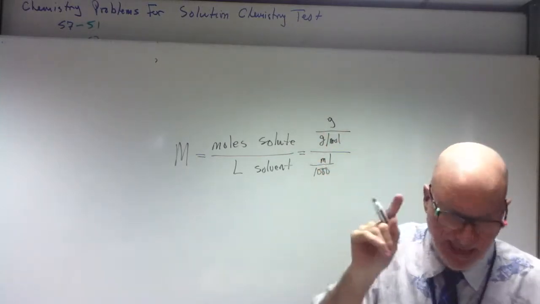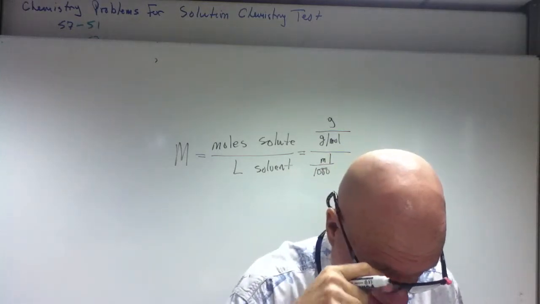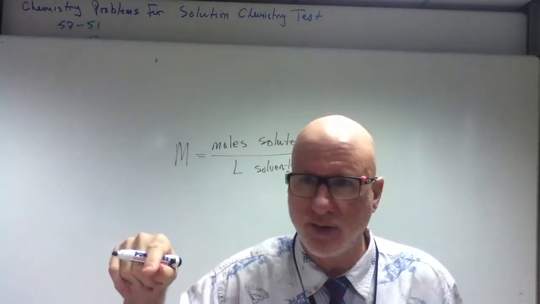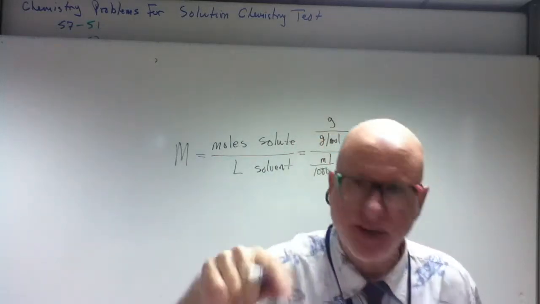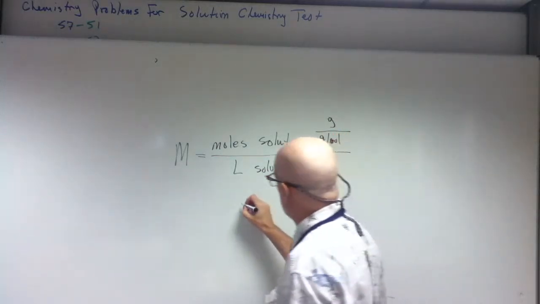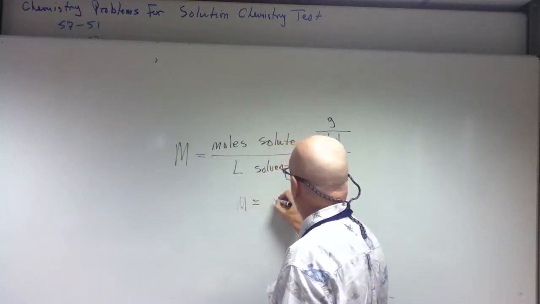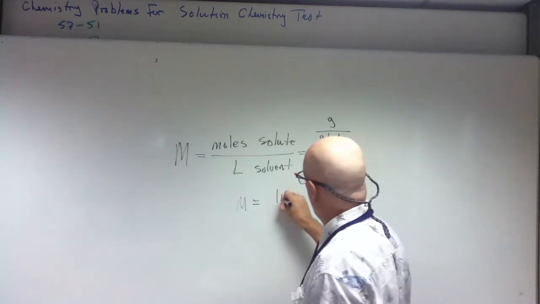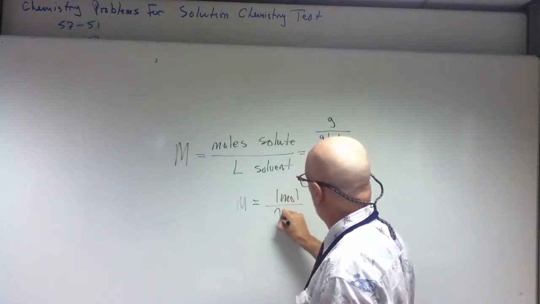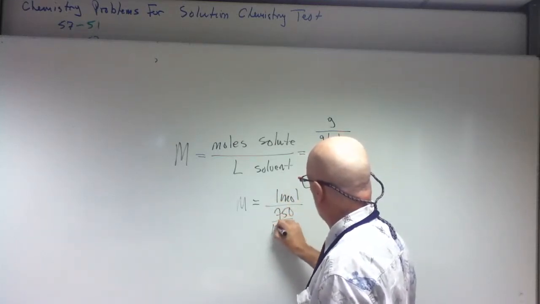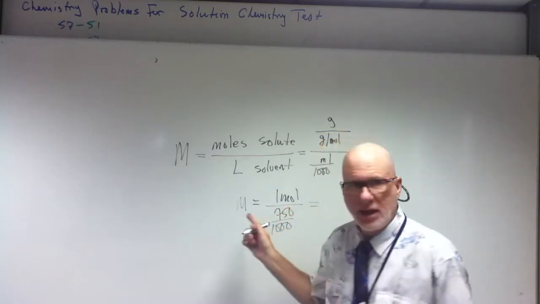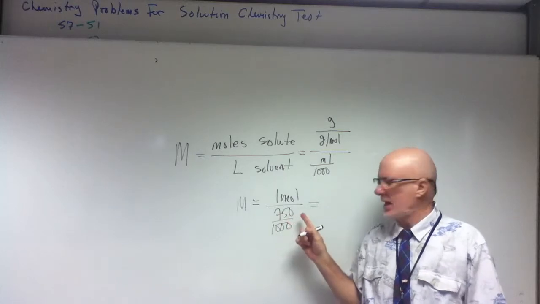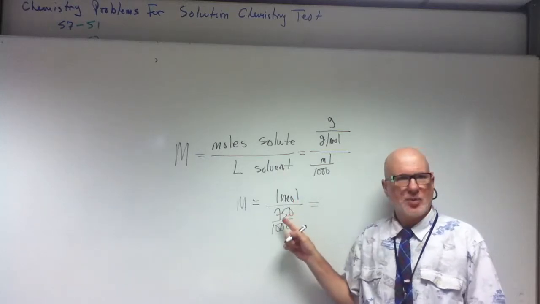Now, the first one is relatively easy. Both are actually relatively easy. It says 1 mole over 750 milliliters. So the molarity is going to equal 1 mole over 750. If you simply shift the decimal point, you'll see that this is going to be 1 over 0.75.